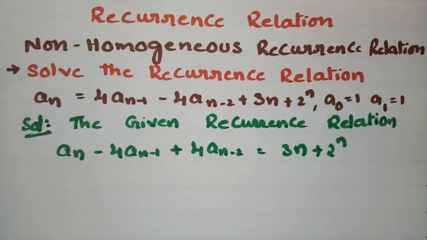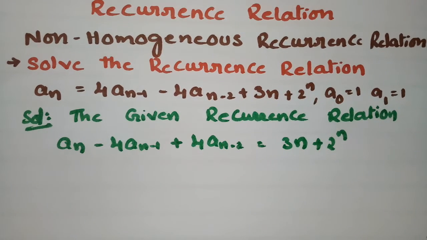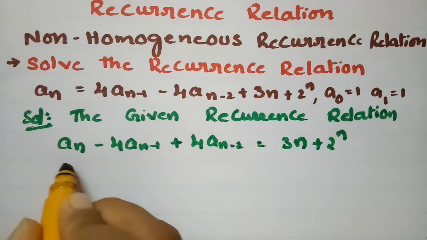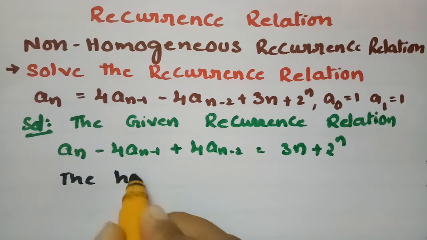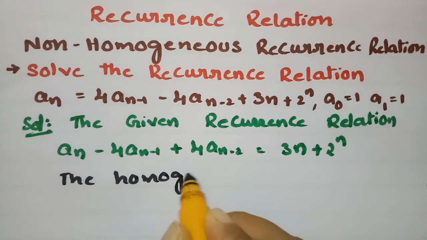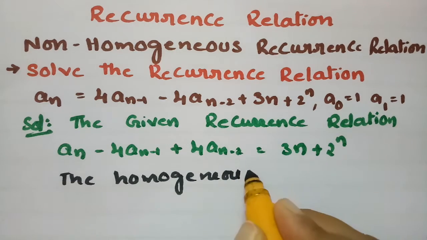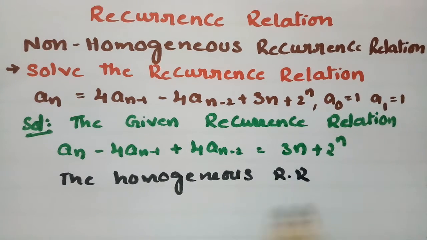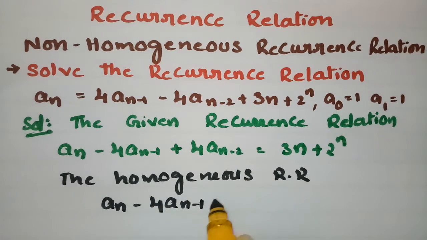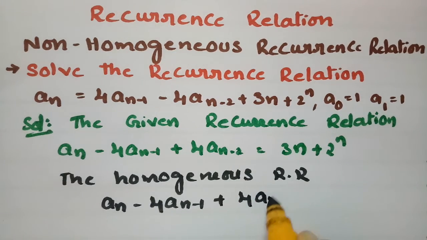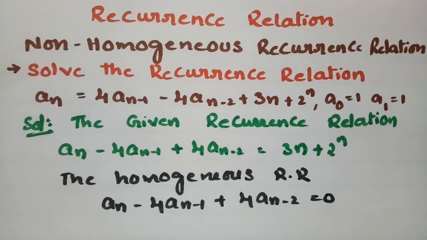Now I am going to write the homogeneous recurrence relation. The homogeneous recurrence relation is a_n - 4a_(n-1) + 4a_(n-2) = 0.